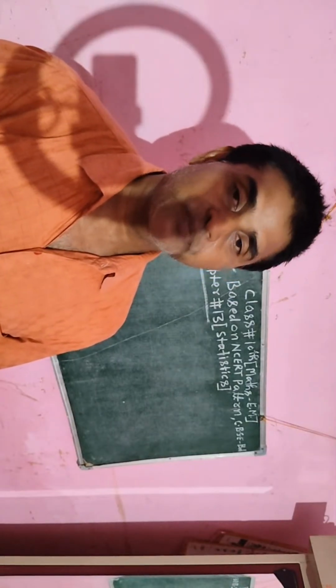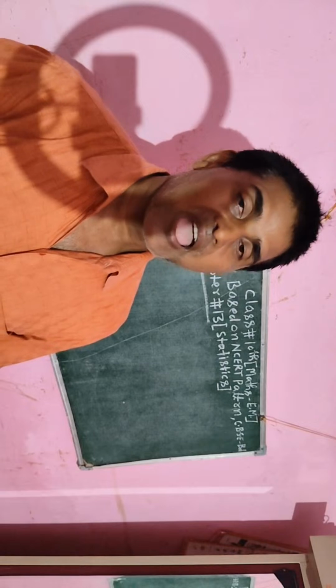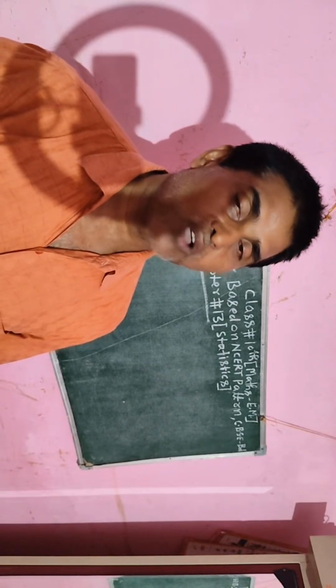So that limit I have to take, and we also have to take the common difference, that is, upper limit minus lower limit. So I will get a value, and that value will be the common difference, and it is represented with the parameter h.